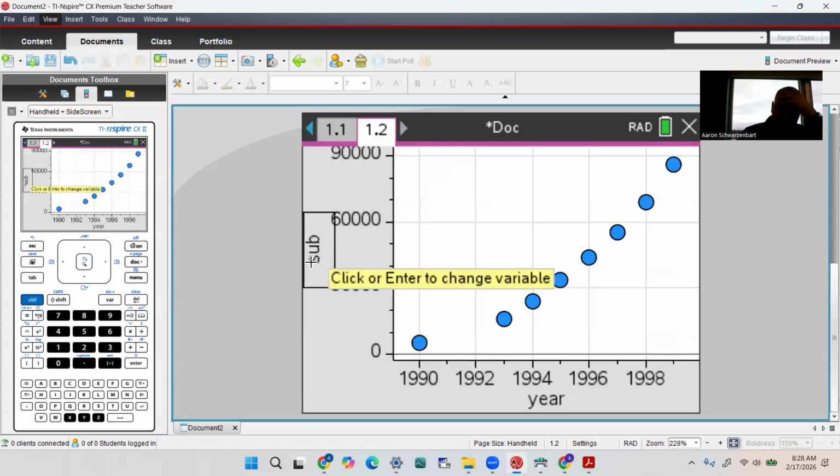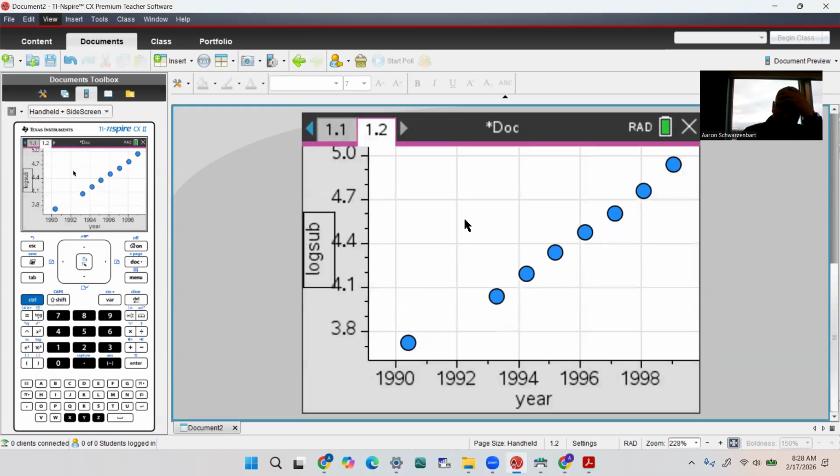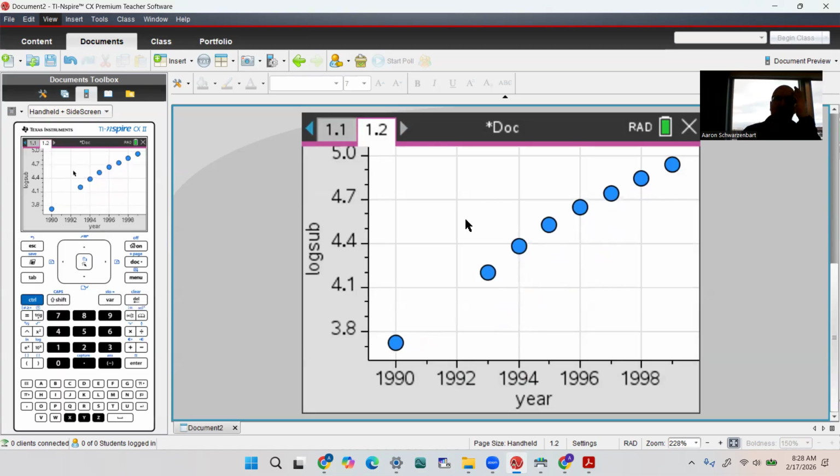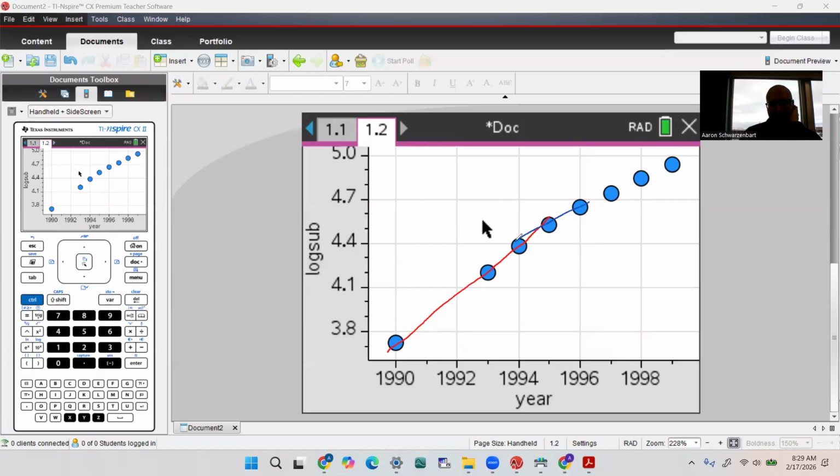Now I'm going to go back here and graph year versus log sub. That looks significantly more linear, correct? But what you're going to notice with this one is I've got a trend line that fits these four really well, and one that fits these four really well.